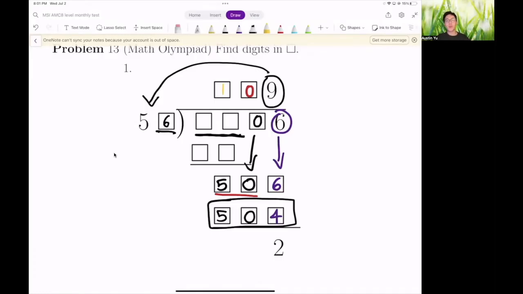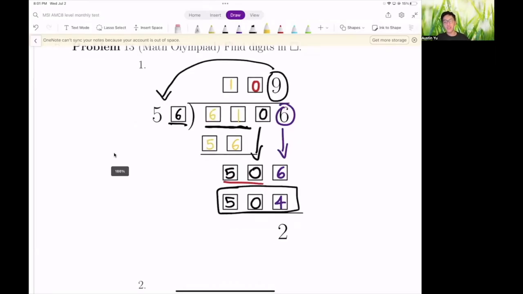So it must be 1, which means that 1 times 56, which is 56, must be the number at the bottom here. And what number, when you subtract 56 from it, gives you 5? That's just 61, right? Which means that the final answer is 6,106 divided by 56 gives you 109 with remainder 2. And you can also find the rest of the boxes filled here.